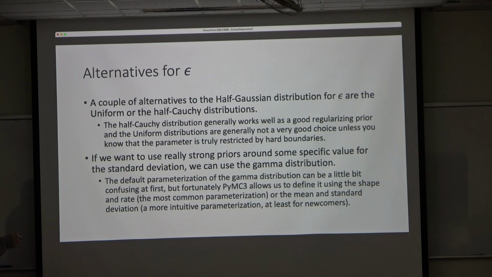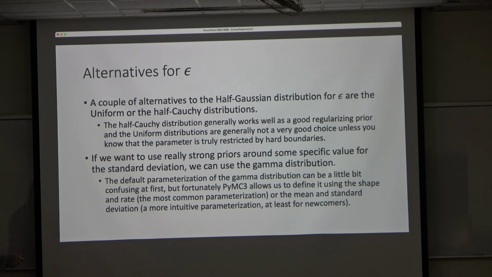For epsilon, actually the author suggests we could replace half Gaussian with a uniform or half Gaussian distribution. But uniform may not be a good idea; generally not a very good choice.